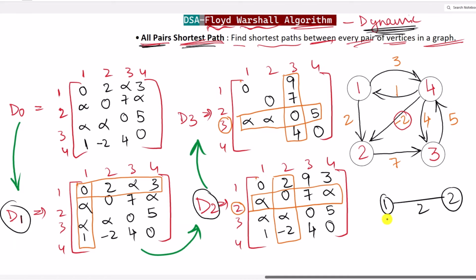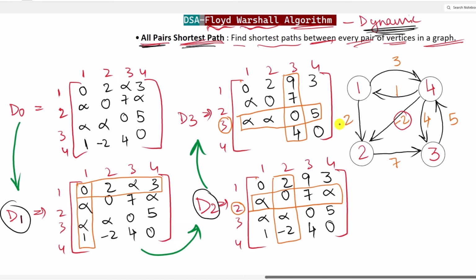Now we're gonna take the vertex 3 as the intermediate, and check if we found some better path or not. From 1 to 3 there is infinite. From 3 to 2 also it is infinite because there is no direct path. So because 2 is better than infinite, we're gonna take this 2. So this way we have to compute all of these values.